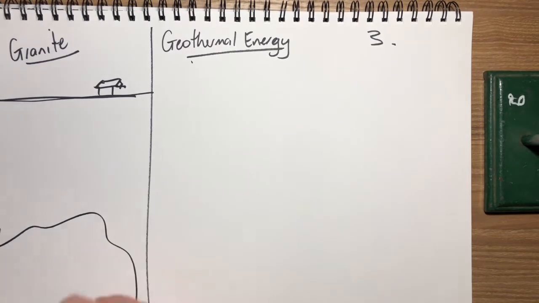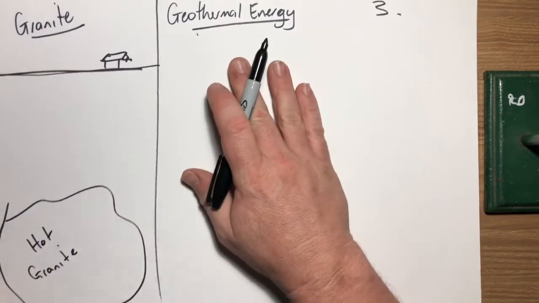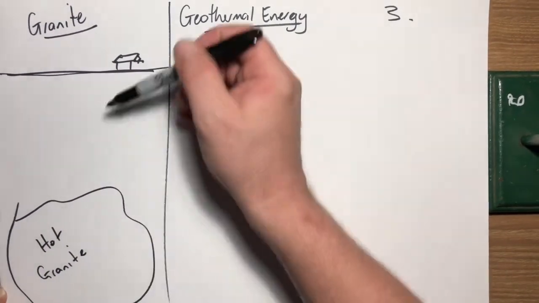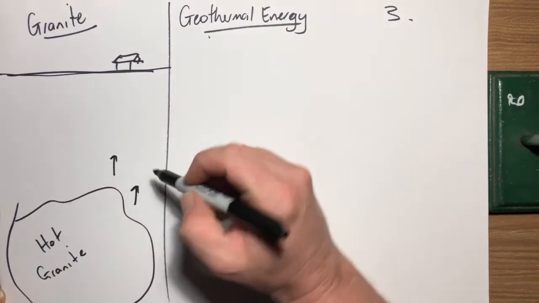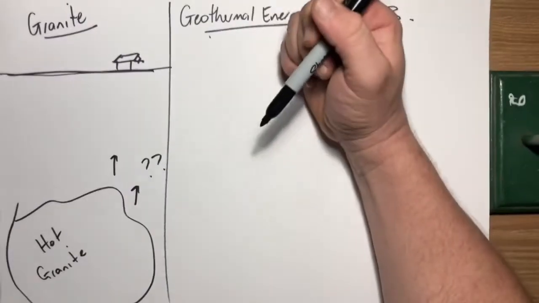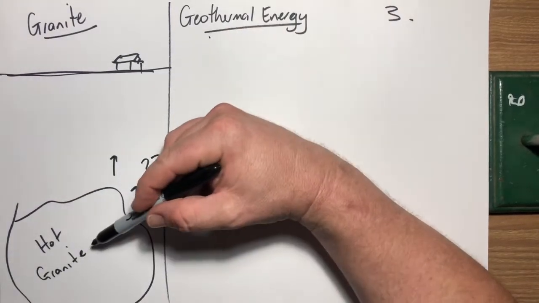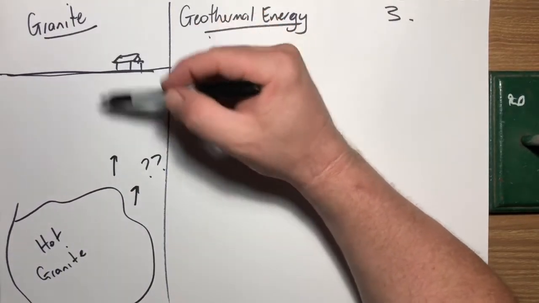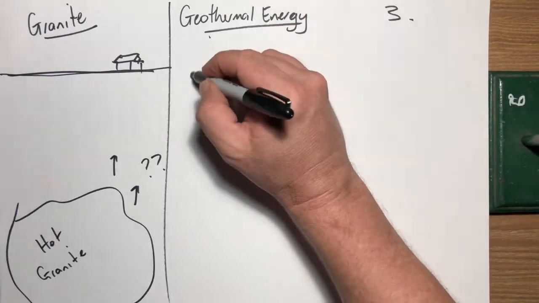I'll just put that there. And it is our hot granite. How do we bring this heat to the surface? What would be the mechanism to bring this heat that's down here up to the surface for us to use? Well, the answer is with water.